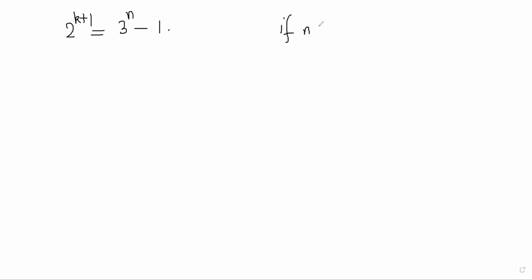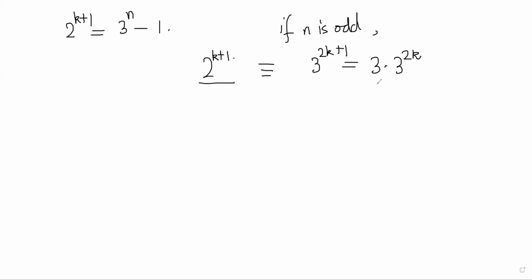If n is odd, then 3 power 2k plus 1 is equal to 3 into 3 power 2k. And that should be equal to some 2 power k plus 1, right?